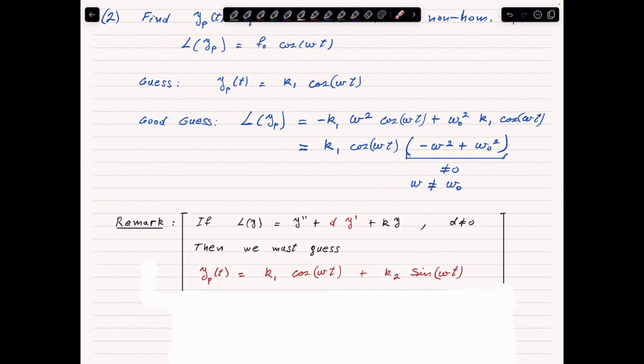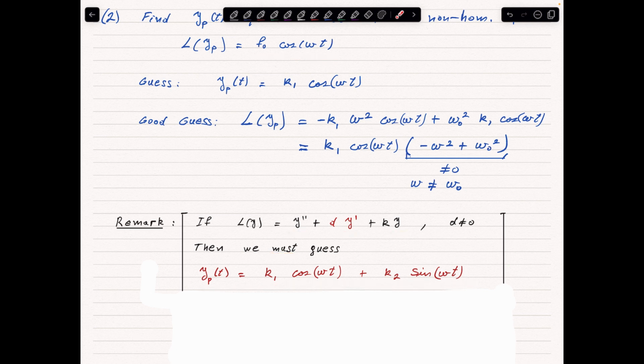If you have a differential operator on the left hand side of this form with second derivatives, first derivatives, and the original function, and then you have a source like that on the right hand side, then yes, we must guess both terms, cosine and sine.